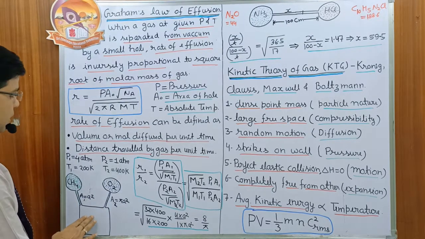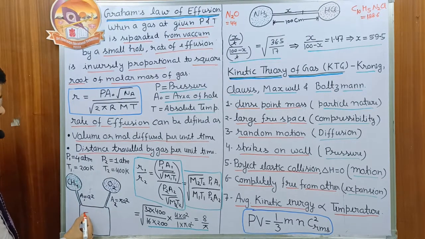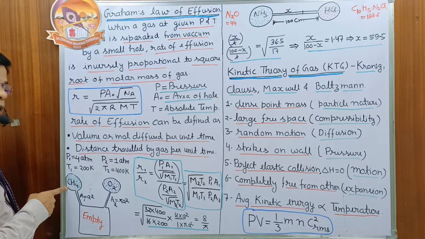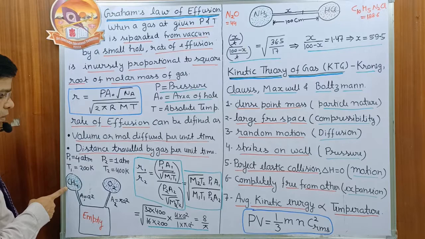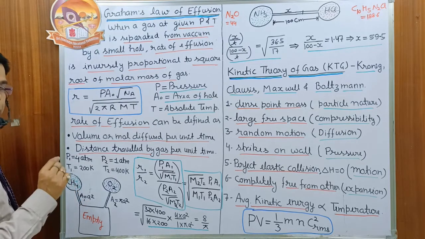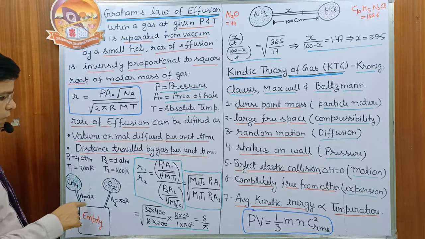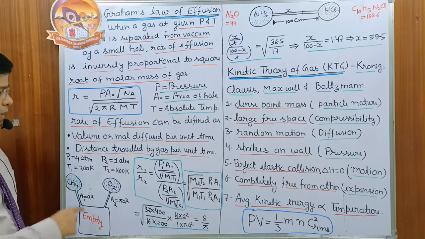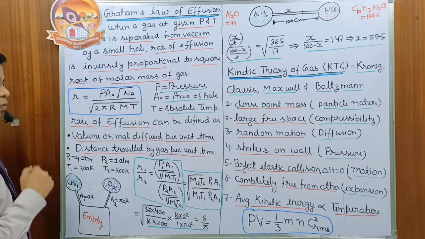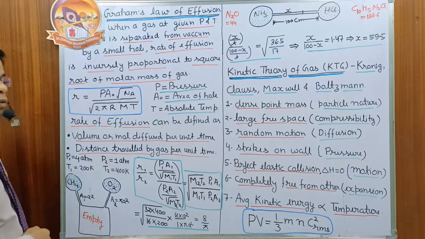Suppose this is an empty container. We have a perfect vacuum inside. At one end, a container of CH4 is connected, and here the opening is square in shape, the area of the opening is A square, pressure is 4 atmosphere, and temperature is 200 Kelvin.